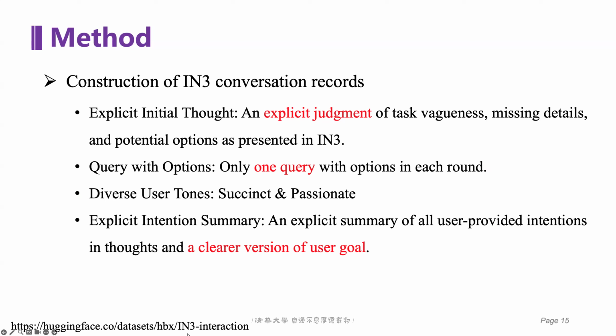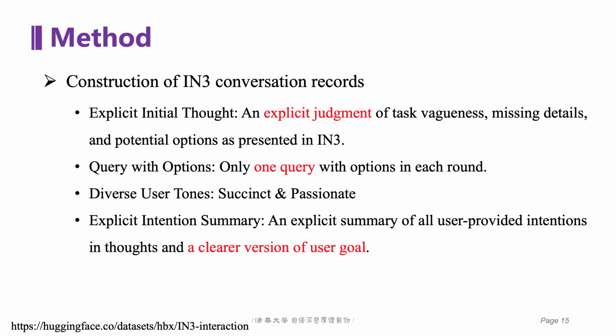And also, from the user side we simulate diverse user tones. That means the user sometimes may answer the question in a passionate way, giving a very long-form answer, but sometimes the user just wants to type a few characters and answer in a more succinct way. So we want our training data to encompass all of these different scenarios and diverse user tones in order to let our trained agent be more robust.